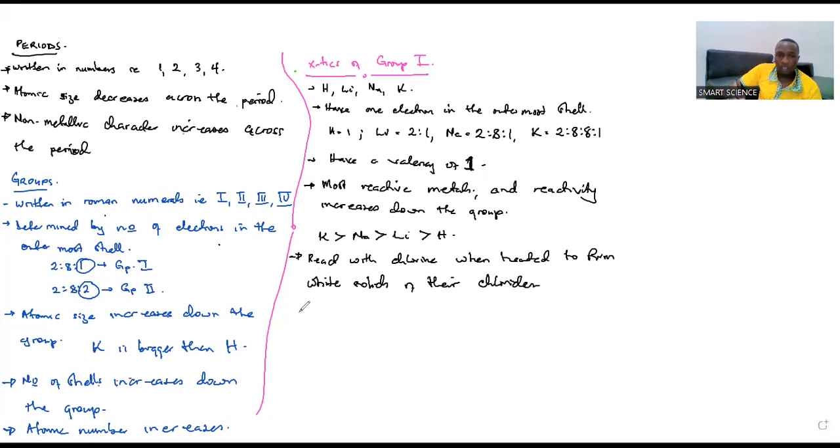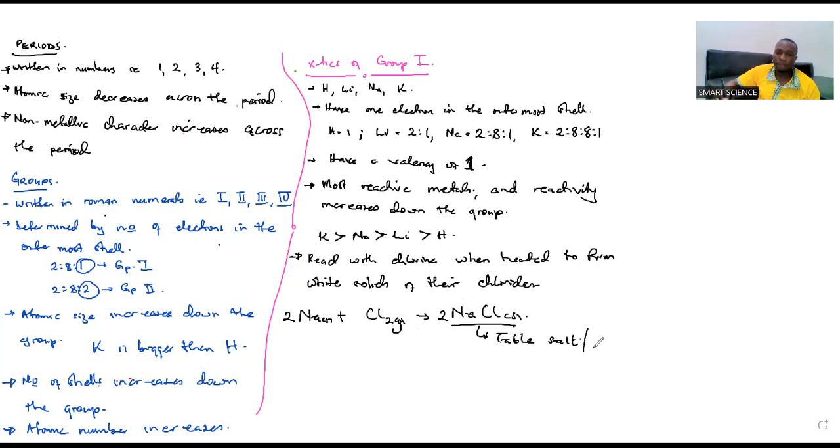If you get sodium, you heat it with chlorine, which is a gas, you're going to get sodium chloride, which is a solid. And make sure that your equation is balancing. So what is formed here, sodium chloride, is what we call our table salt.